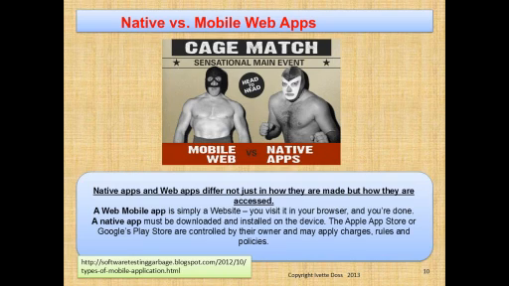We already covered how they are made. Native will always use platform-specific language, SDK, framework, API, and all the special tools. A web application will be made using, in general, HTML5, CSS, and JavaScript.